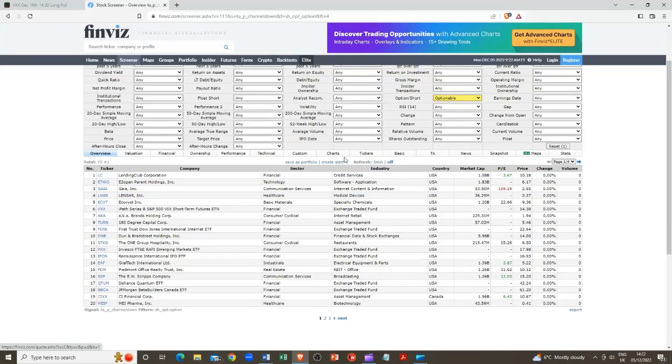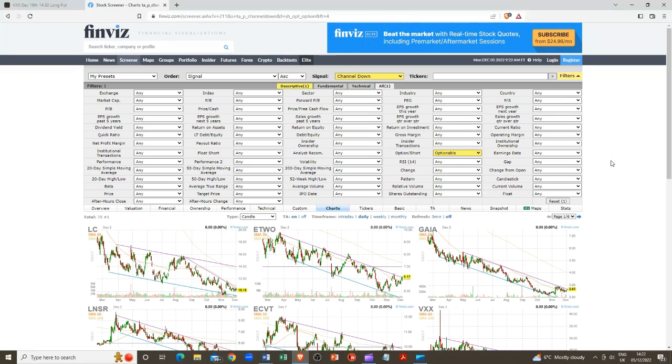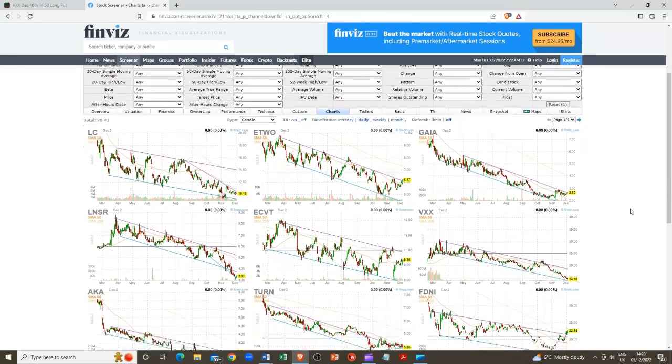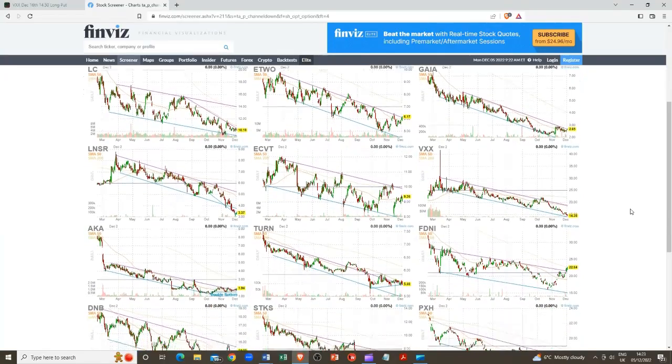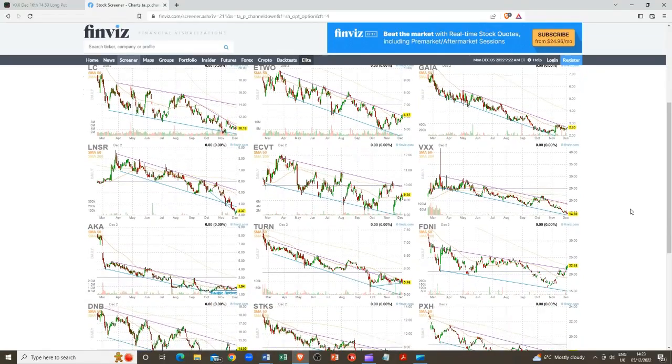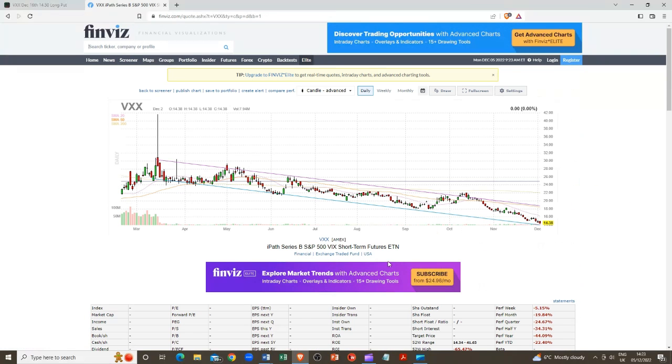And you can see when you look at the charts that a lot of the stocks that are highlighted here are trending down. So let's take a look at one of them, the VXX, which is the iPath Series B S&P 500.